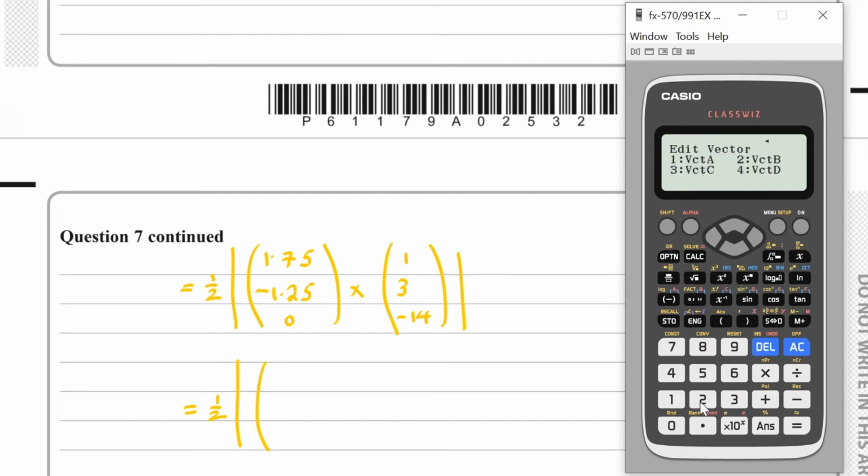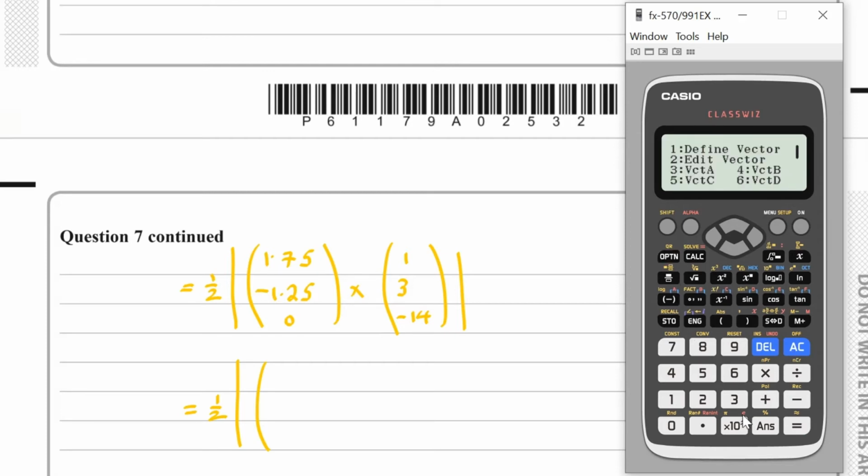So let's edit vector A. So we have 1.75, minus 1.25 and 0. Vector B, we need to edit that vector. So that was 1, 3, minus 14.